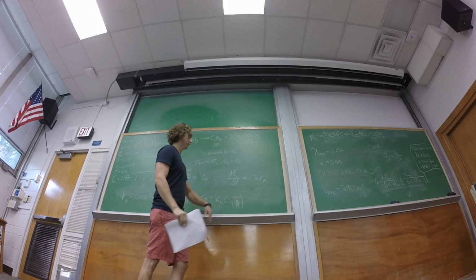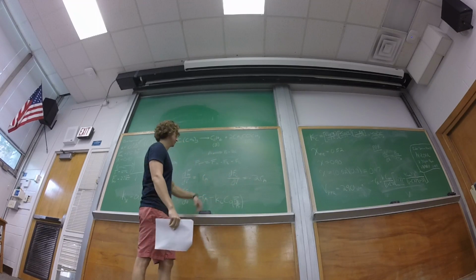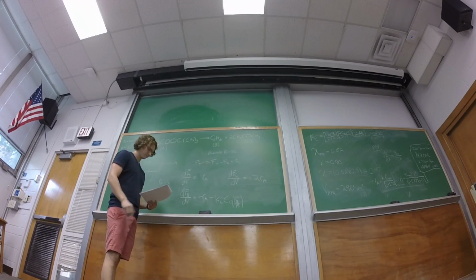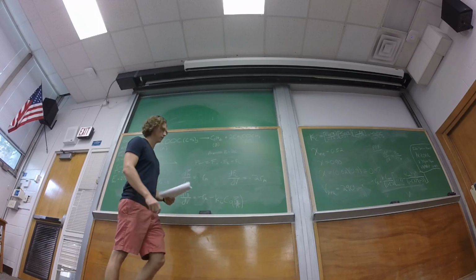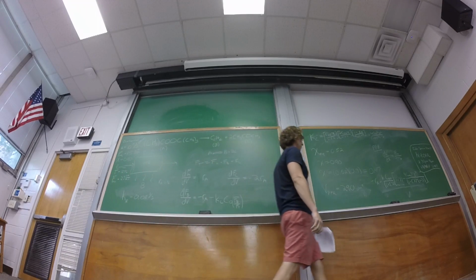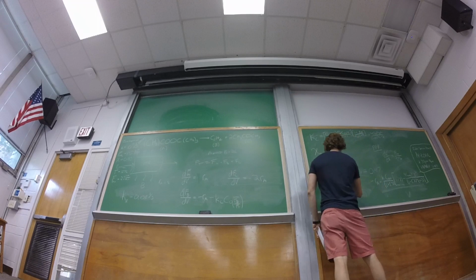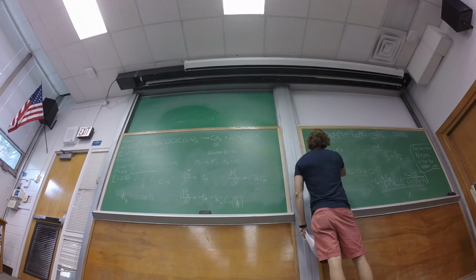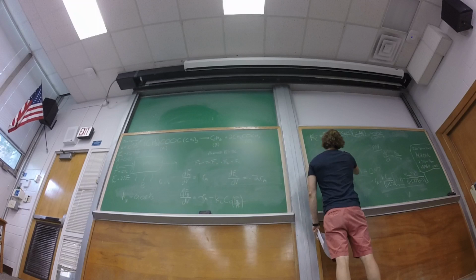And then you just have twice the formation of C as A because of the stoichiometry. Then you can also define your rate equation in terms of flow. It's going to look pretty similar to concentrations.